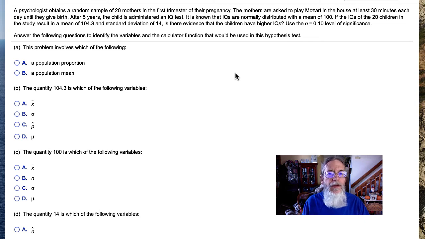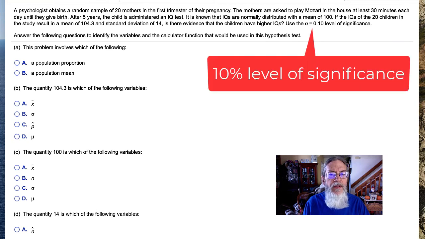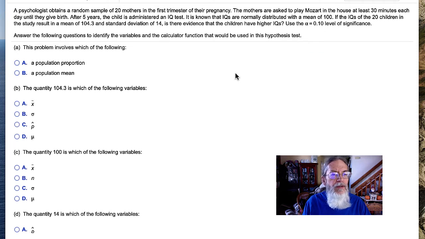If the IQs of the 20 children in the study result in a mean of 104.3 and a standard deviation of 14, is there evidence that the children have higher IQs? Use the alpha equals 0.1 level of significance.